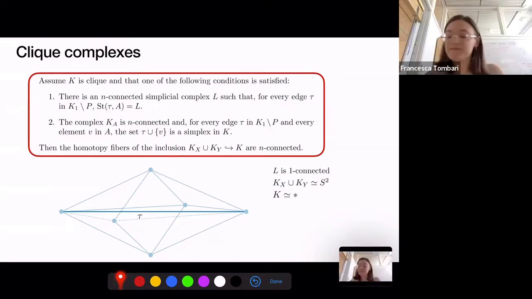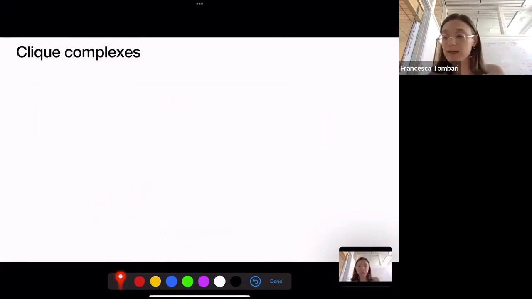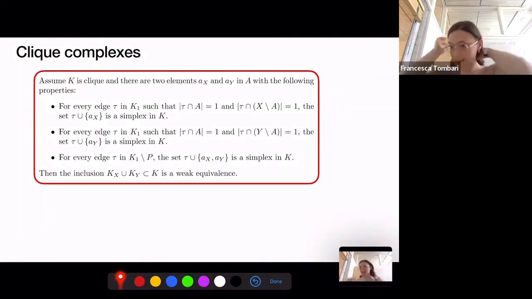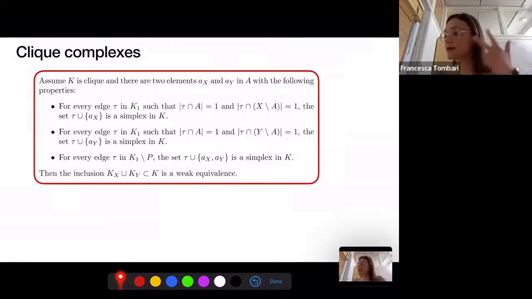All right, let's see another type of result that we proved. Again, starting with a clique complex. This time, in this clique complex with a fixed decomposition, there are two elements, AX and AY inside A, that satisfy three properties, all of them now.